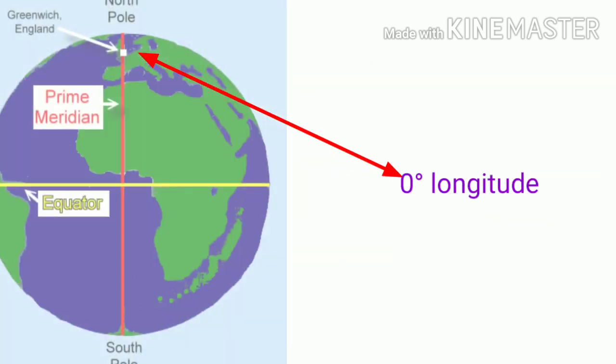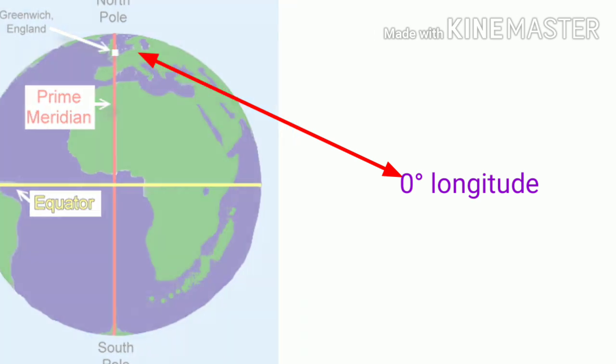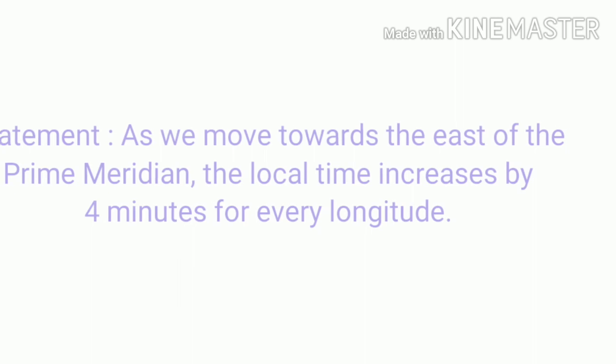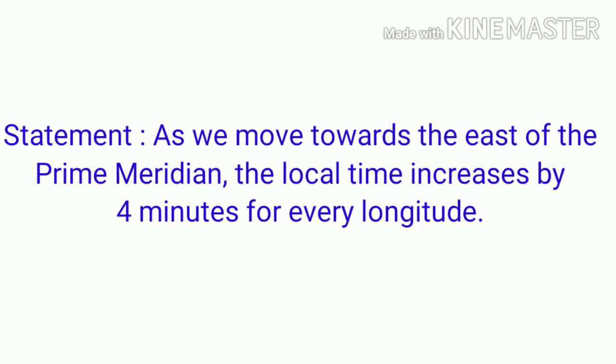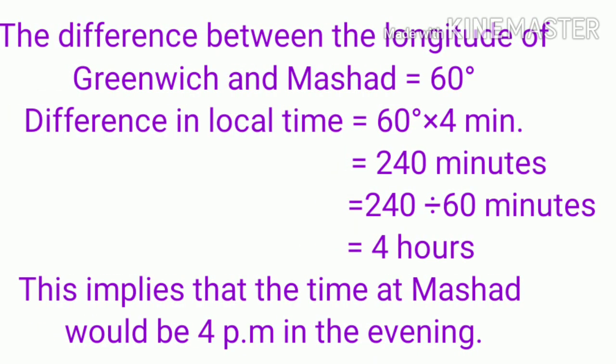Students, as shown in the image, Greenwich is at 0-degree longitude. So students, as we move towards the east of the prime meridian, the local time increases by 4 minutes for every longitude. So the difference between the longitudes of Greenwich and Mashhad is equal to 60 degrees.